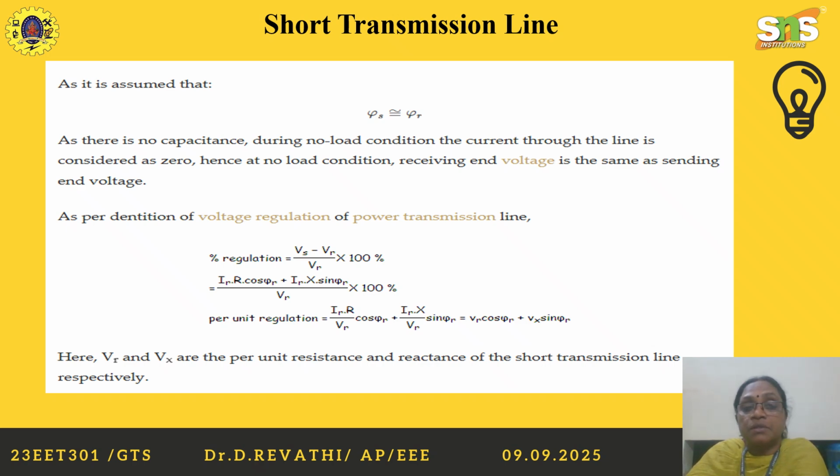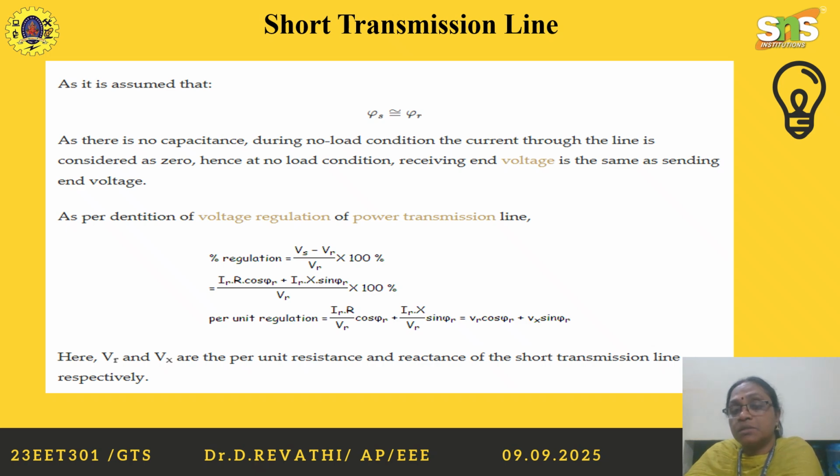In this lecture you have learned about how to classify transmission lines, and why the short transmission line neglects the shunt capacitance, because the line charging current is negligible.